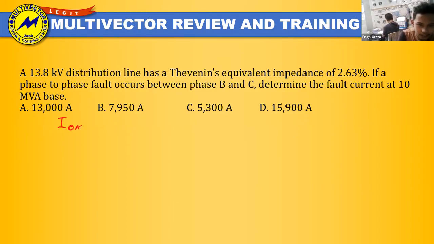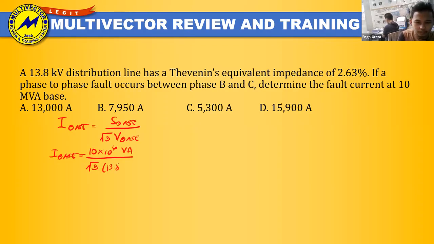Our base current is just equals to S base all over square root of 3 V base. Okay, sir, ano ba yung ating S base? Base MVA daw natin, 10 MVA, which is 10 times 10 raised to 6, all over square root of 3 times nung ating voltage base, which is 13.8.